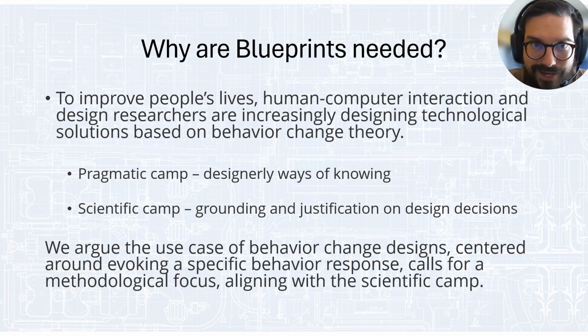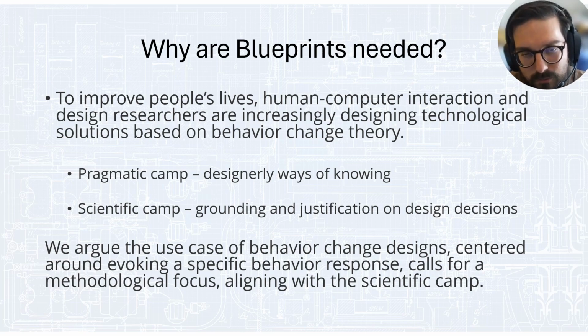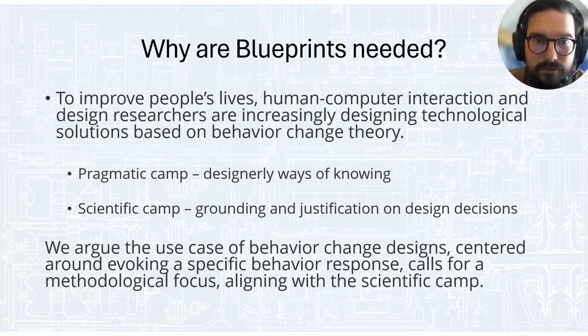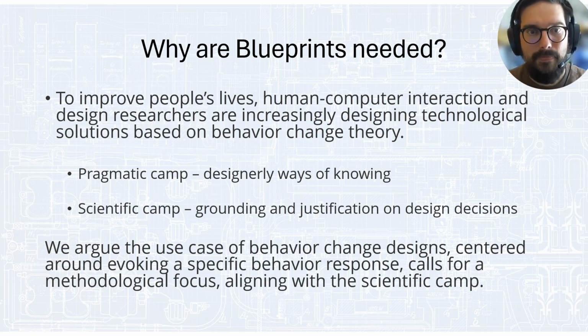The pragmatic camp, which highlights the designerly ways of knowing that are often tacit, and they argue that the role of theory is merely to inspire, reflect, and help a designer in practical choices, but not to serve as a basis. And the scientific camp, which emphasizes that design decisions should be based on theoretical principles and models, and they focus on the grounding and justification of design decisions.